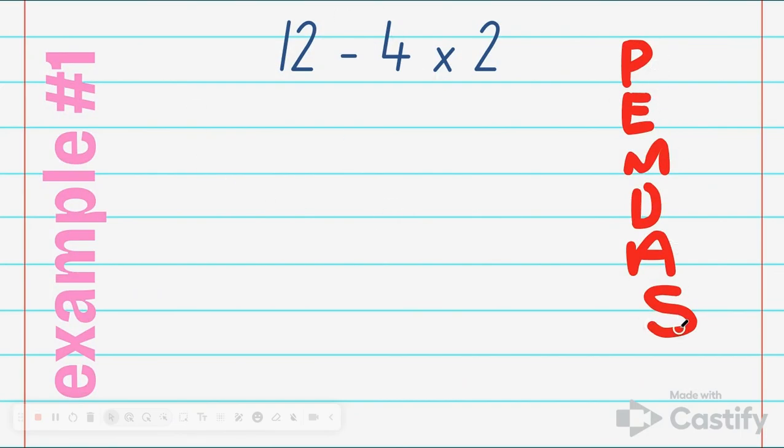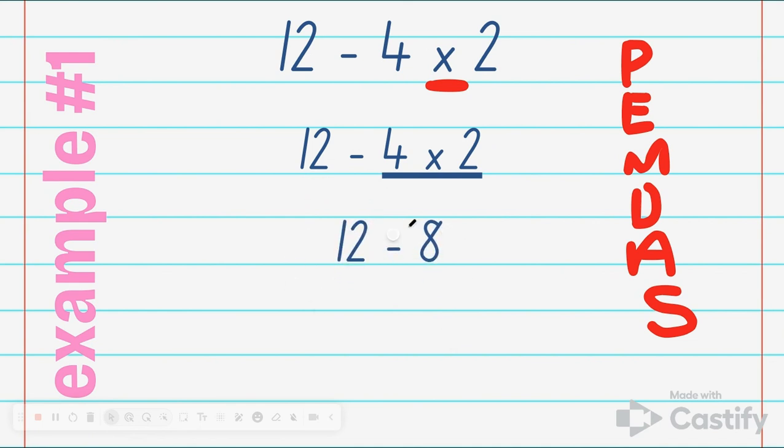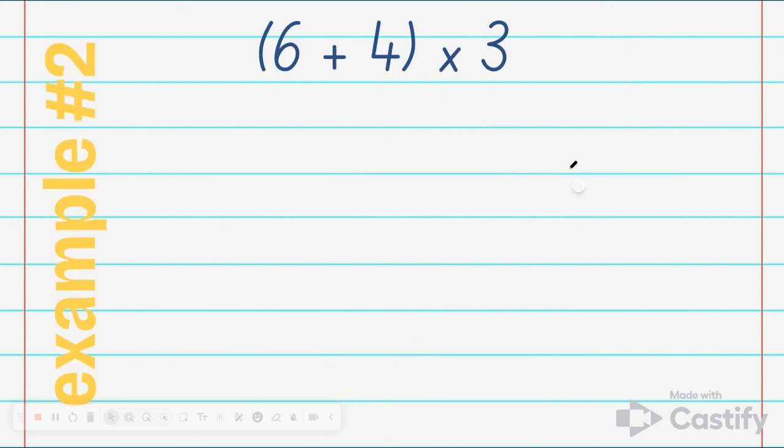We're going to go down that list of operations, and as we see, multiplication, but there's also subtraction, but make sure we're doing that multiplication first. So 4 times 2 comes before 12 minus 4. 4 times 2, that's going to be 8, and then 12 minus 8 is going to get us to 4. So 4 is going to be our answer there, and I know you guys got that even way before I did. So let's keep on moving.